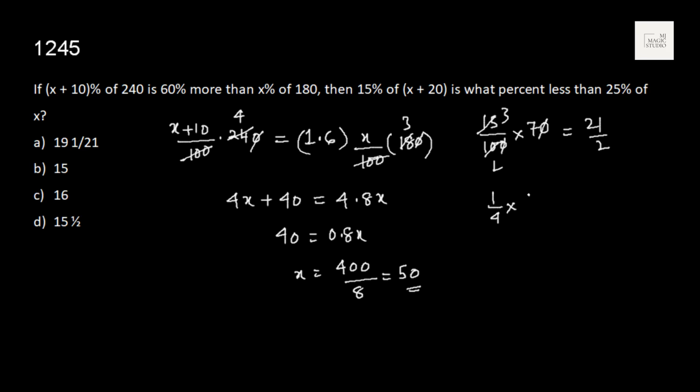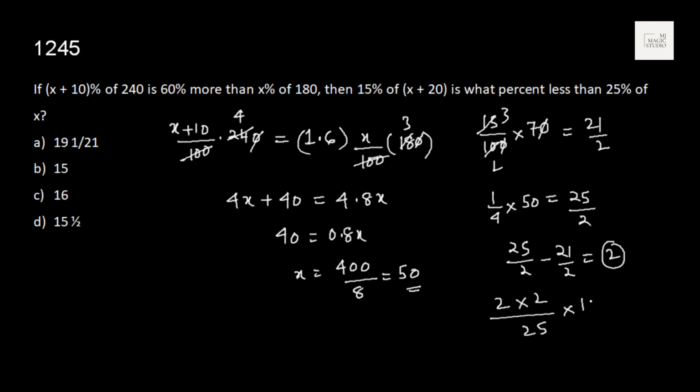First, 25% of x is 12.5, that is 25 by 2. 21 by 2 is what percent less than this? 25 by 2 minus 21 by 2 is 4 by 2, that is 2. 2 is how much percent less than 25 by 2? 2 into 2 by 25 into 100. That will be 4 into 4, 16% less. Option C fits in.